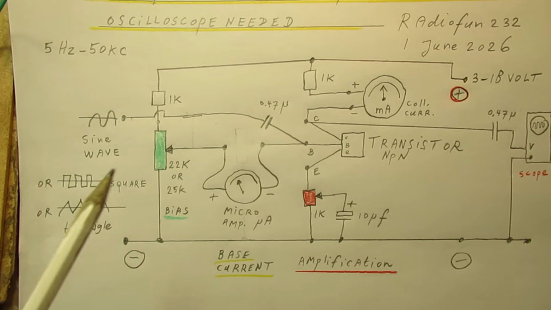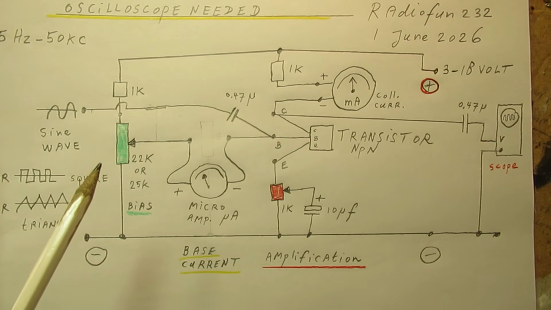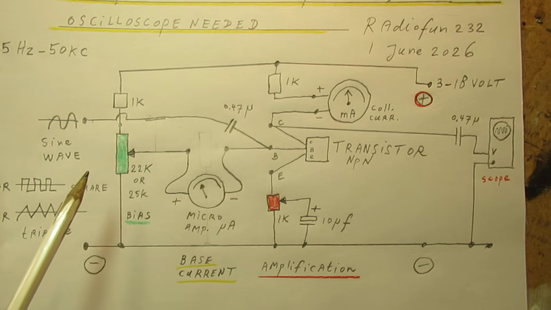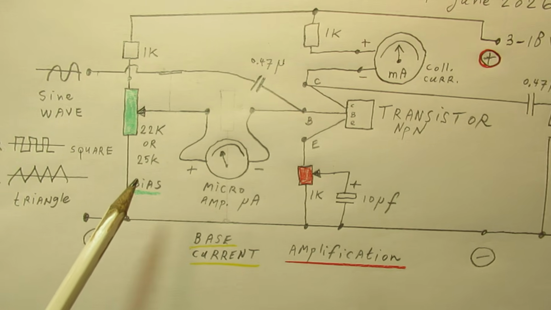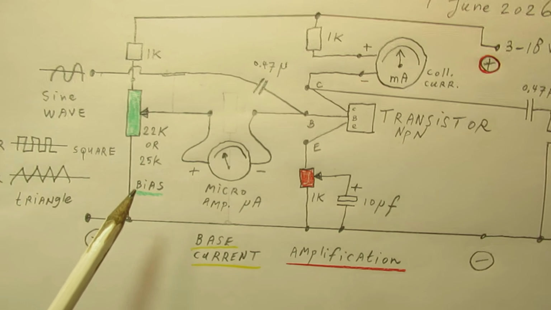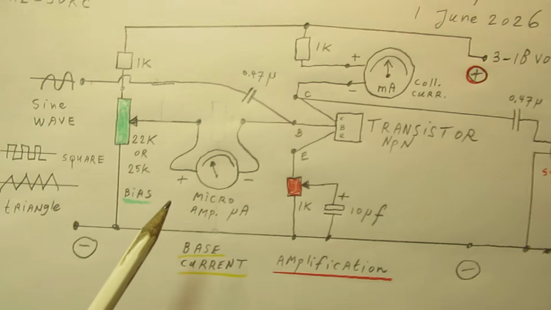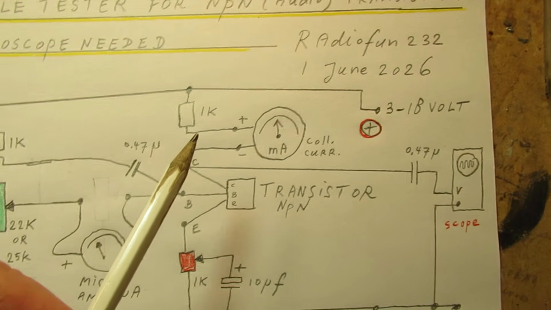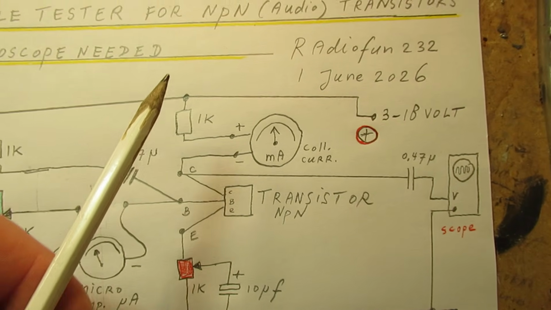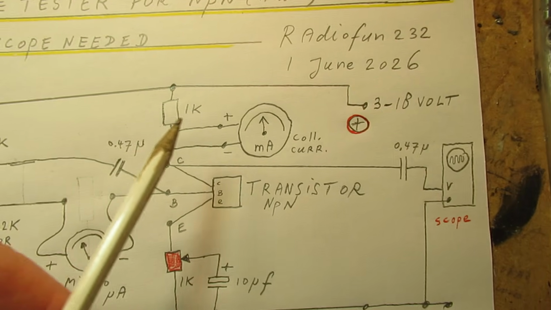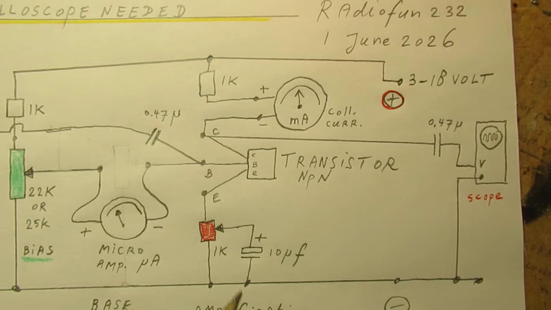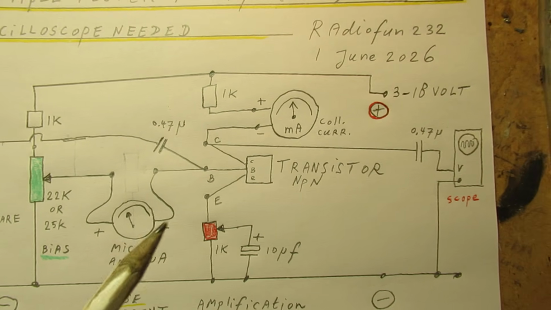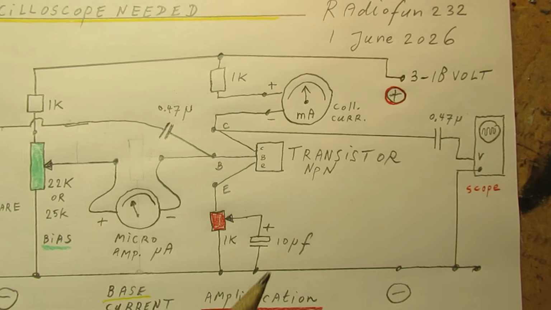Here you set the bias, 22 kilo ohm or 25 kilo ohm. This is a microampere meter, goes to say 0 to 200 microampere or so, and there is the milliampere meter, and that milliampere meter tells you how high the collector current is, given a certain bias and given a certain amplification of the transistor, of course.